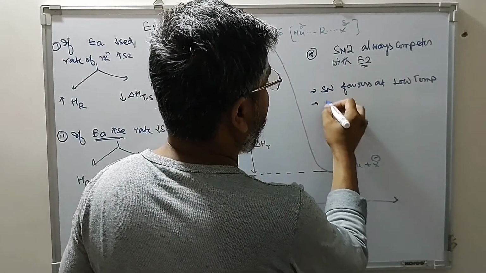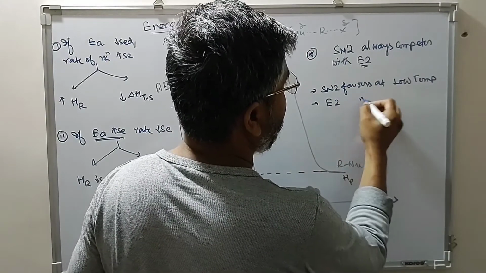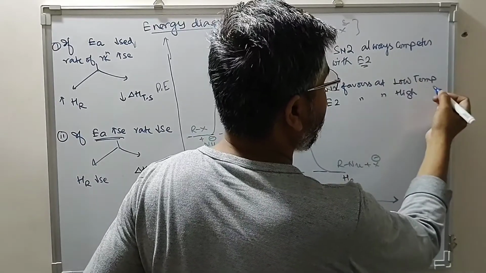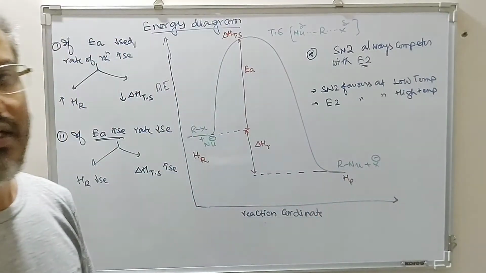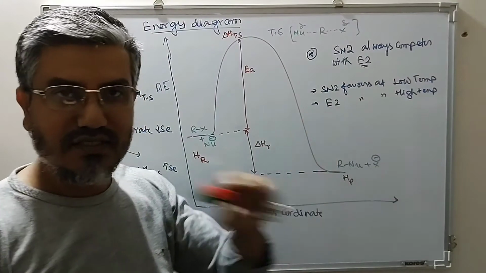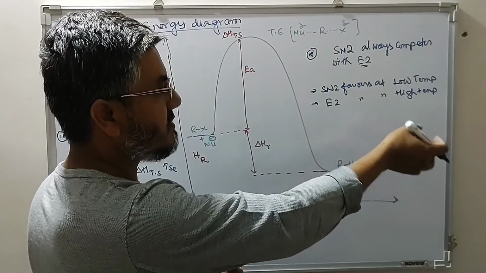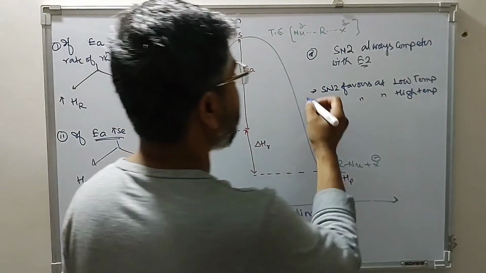But E2 elimination favors high temperature. So with the same reactant and reagent, if the reaction is carried out at high temperature, then elimination is favored and substitution is less favored. That means the eliminated product will form as the major product, and substitution will form as a minor product.